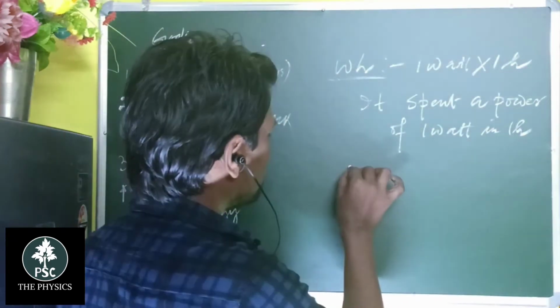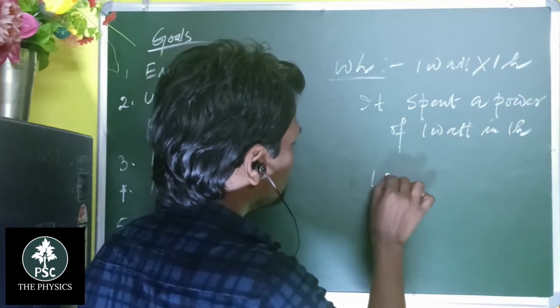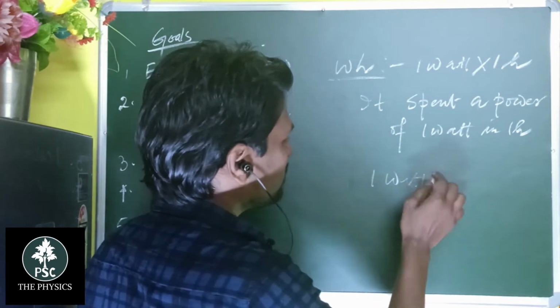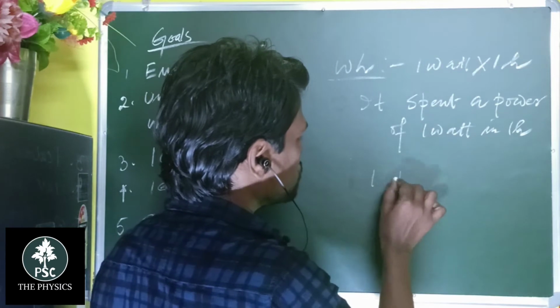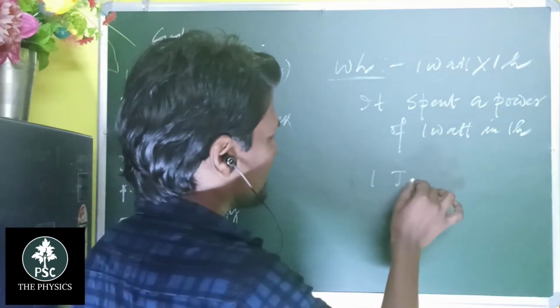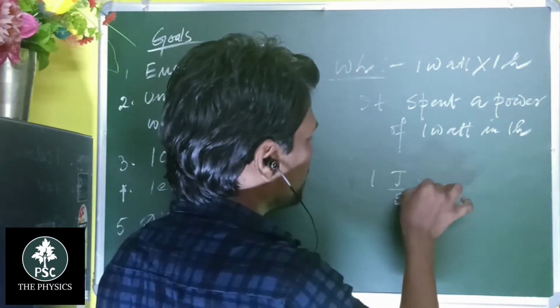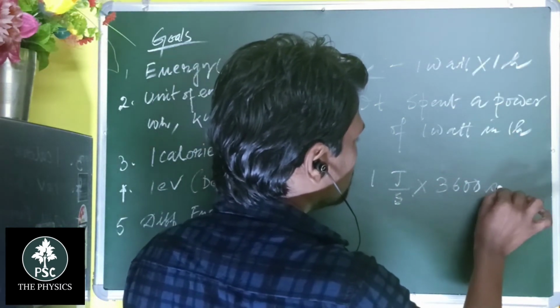So 1 watt hour means 1 watt into 1 hour. Watt means joule by second, so this is joule by second into 3600 second.